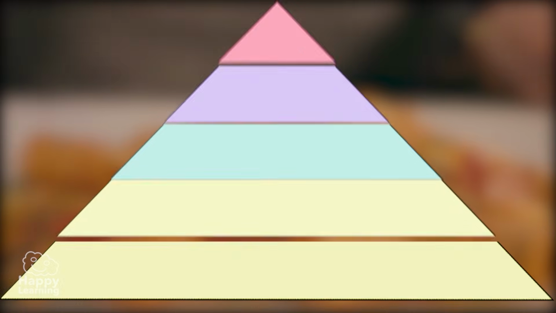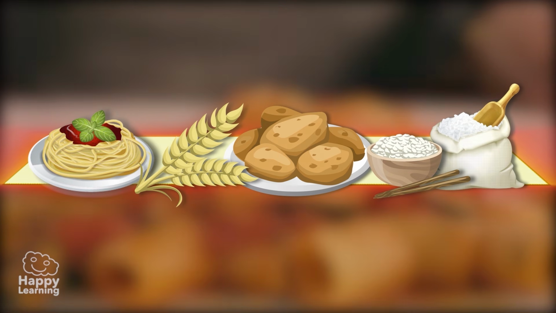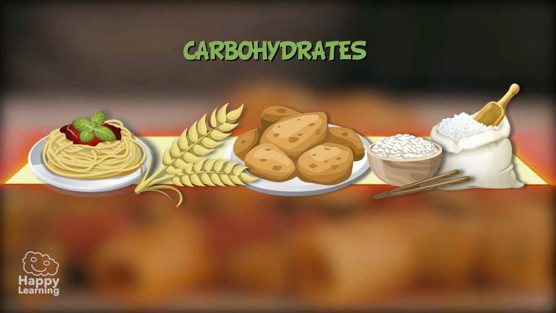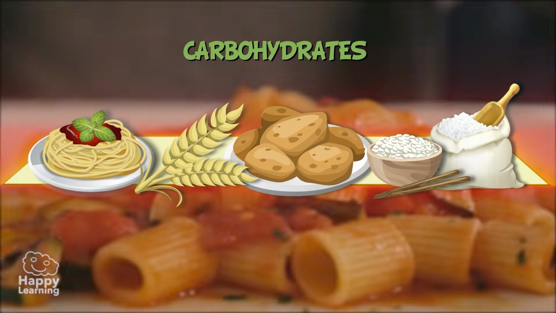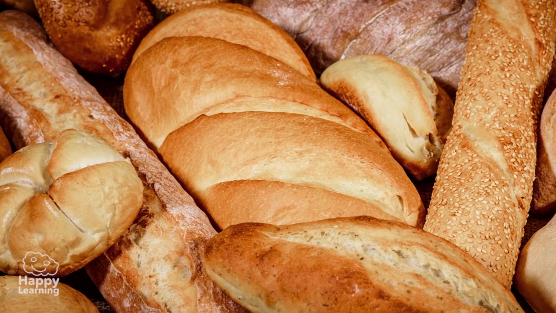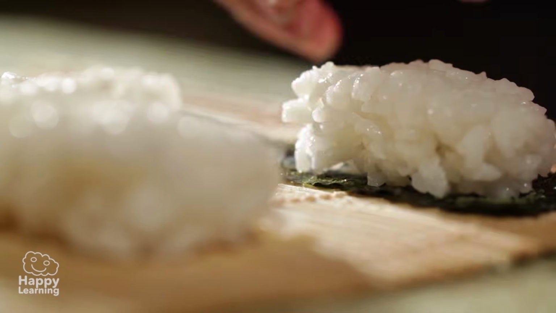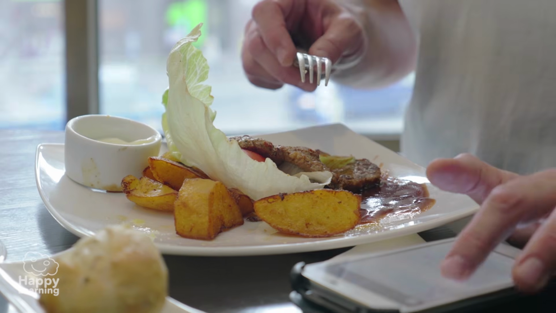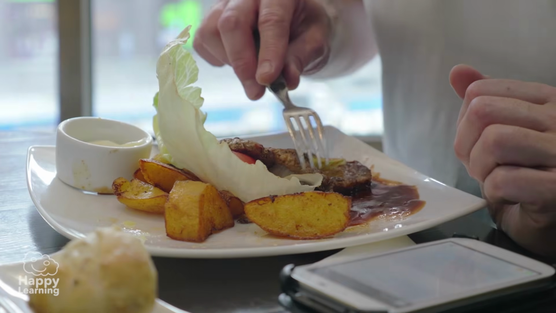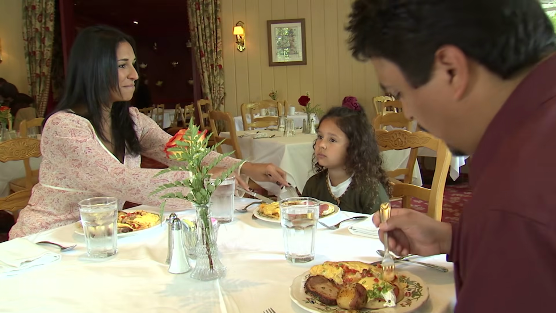The base of the pyramid, fifth step, is the group of the carbohydrates. Here you can find cereals, bread, pasta, rice, and potatoes. They are also very important, so we must eat them daily.